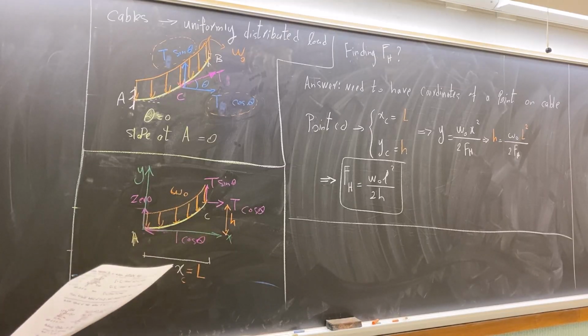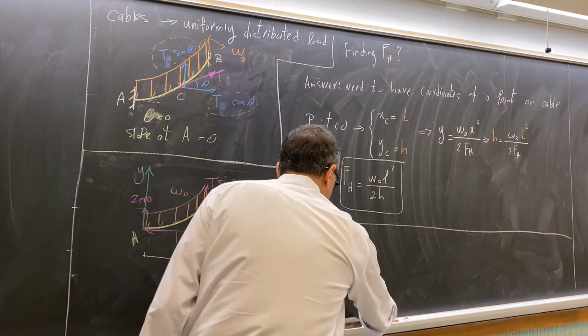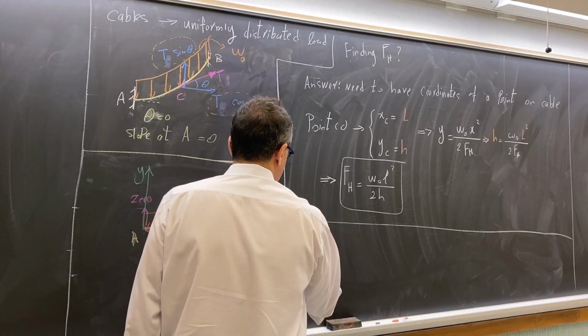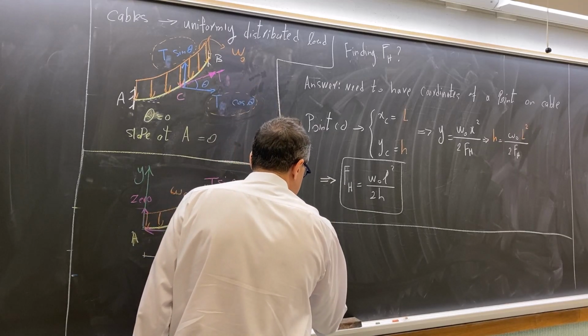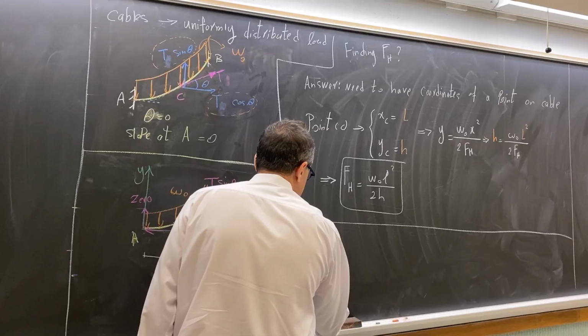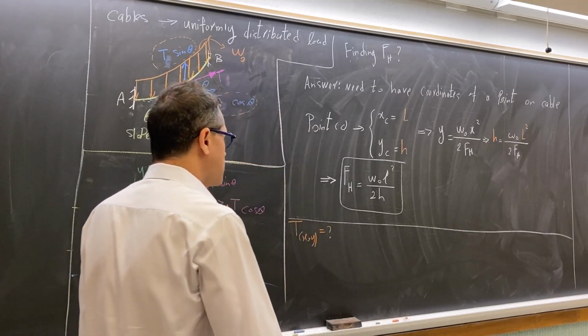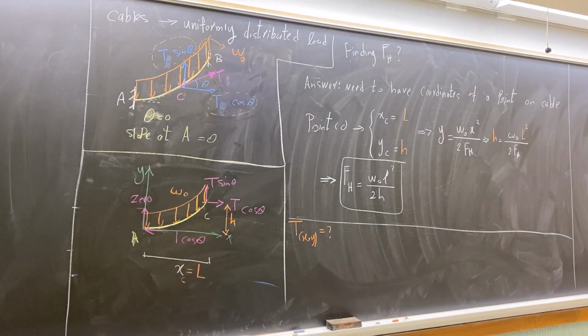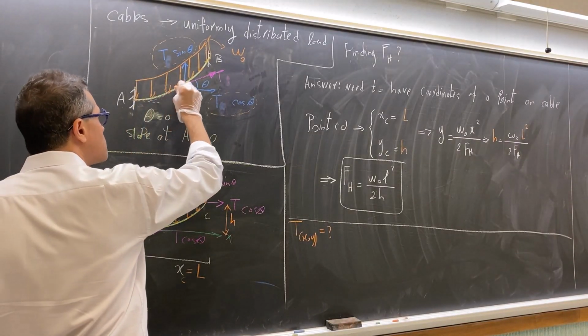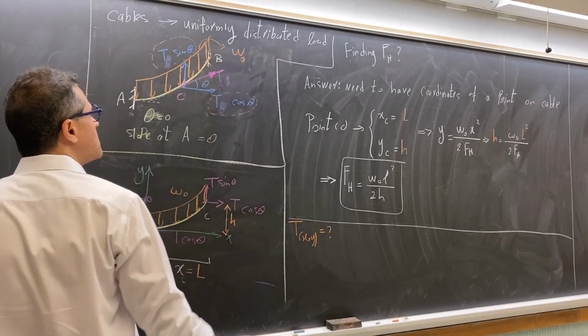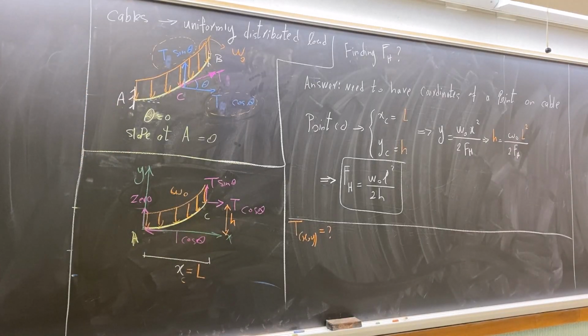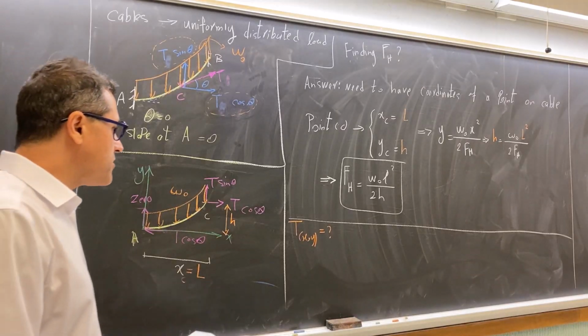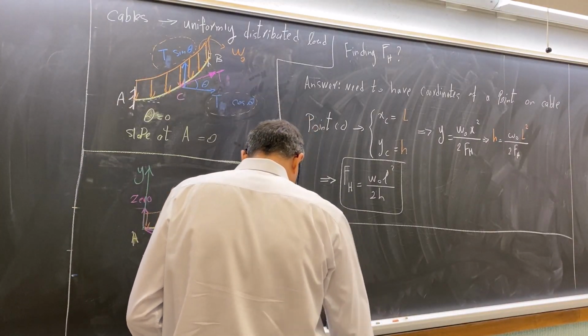So now, how to find the tensile force at a point on the cable if you have x and y. I'm talking about this point or this point, whatever point on the cable, we have x and y, the coordinates for that point, and then we want to generate a formula for that force.